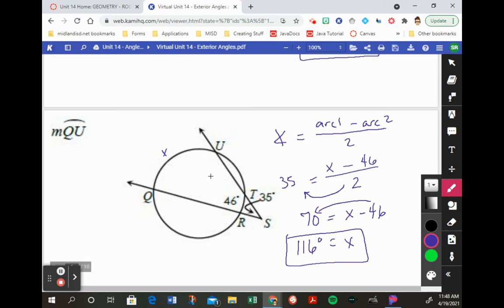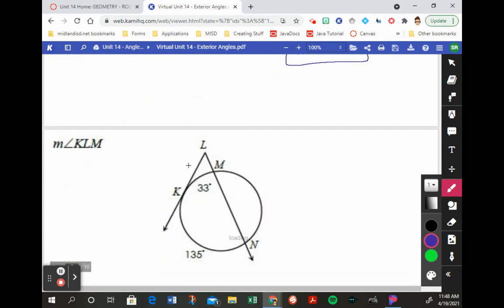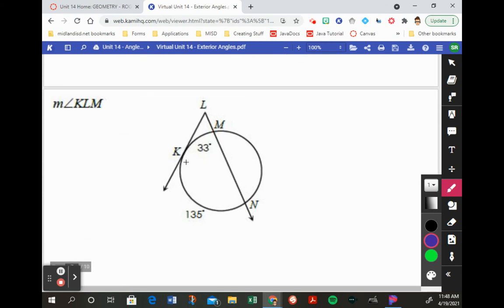Okay. See if we have anything else on here. Oh, yeah. We've got a tangent. Remember, a tangent touches at one spot. And we're going to do the same formula. The angle equals arc 1 minus arc 2 over 2.